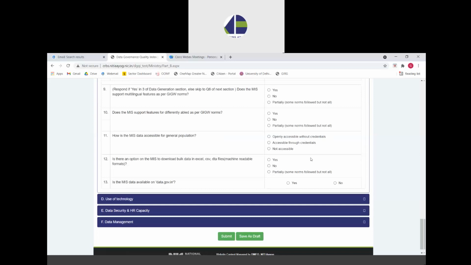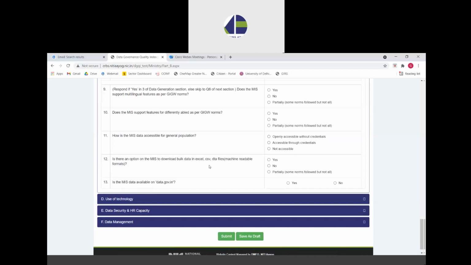Finally, questions 11, 12, and 13 are about how easy it is for the MIS data to be openly accessible in machine readable formats for the general population, as a part of the open data movement across the world. Question 11 asks whether the MIS data is accessible for the general population with credentials or without credentials, or it is not at all accessible.